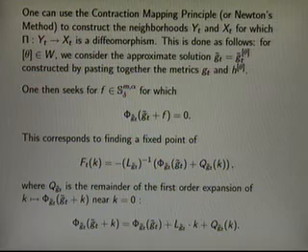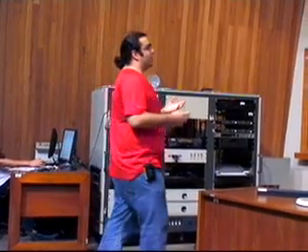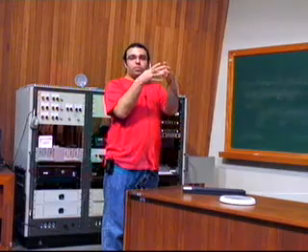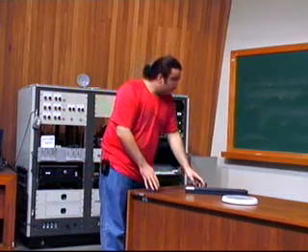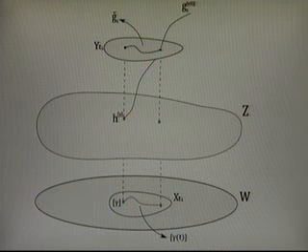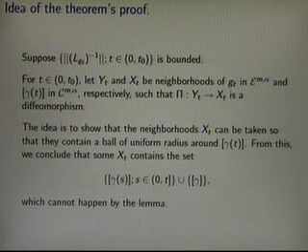If you have that condition, you can choose the neighborhoods to have a uniform size. So that's why that condition is there. Once you have uniform size for your neighborhoods, at some point the neighborhood X_t is going to contain the curve of conformal infinity, and this cannot happen by the lemma.